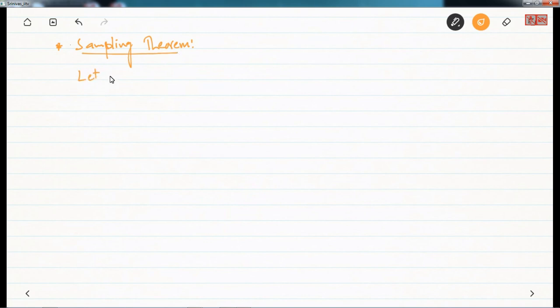I'll quickly write this. You can find this definition in the textbook which I am following, Oppenheim and Willsky. But anyway, for your notes, I am writing it.